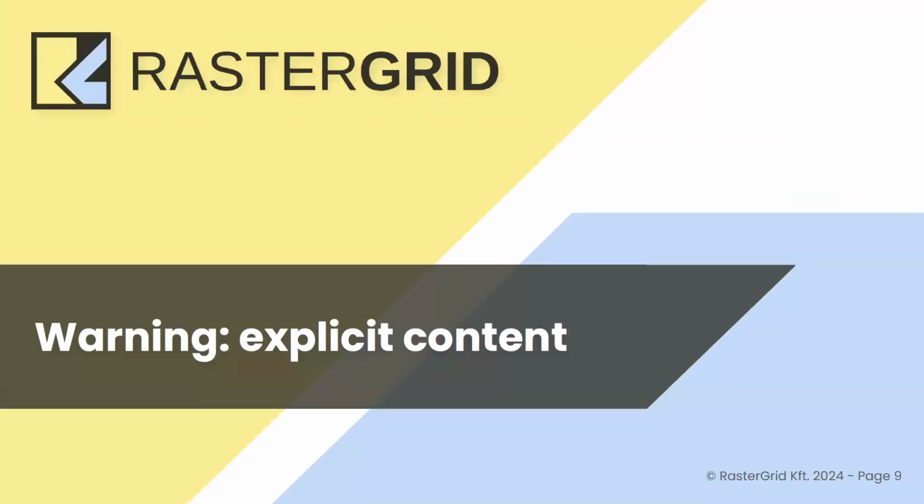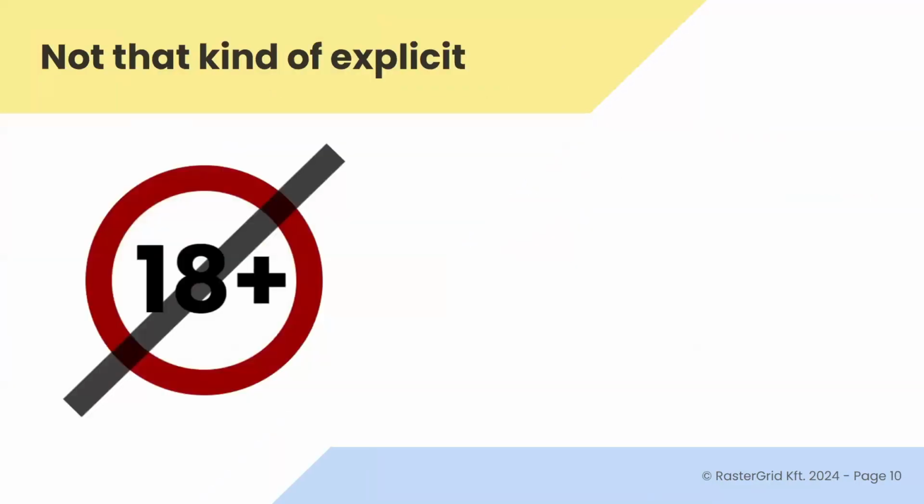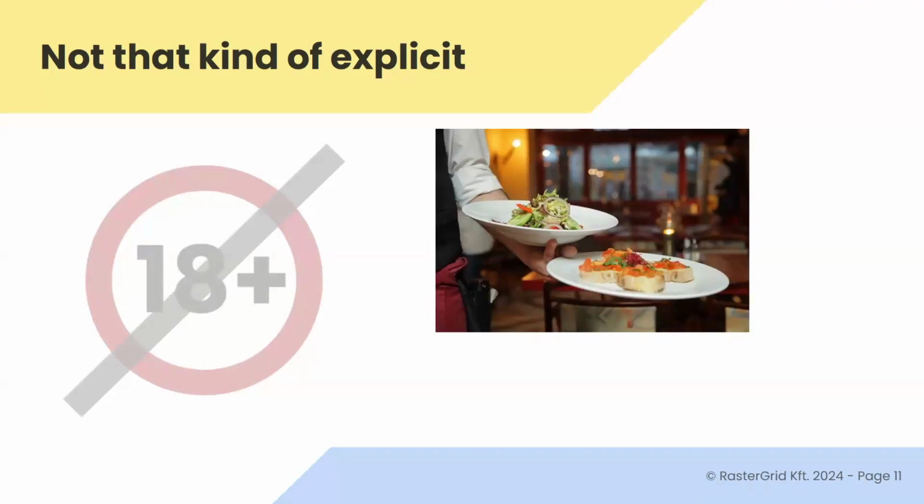So, explicit, not that kind of explicit. What is this all about whenever people talk about the Vulkan API being an explicit API? The best analogy I can come up with is that traditional APIs like OpenCL are kind of like going to a restaurant. You look at the menu, you order something from that.